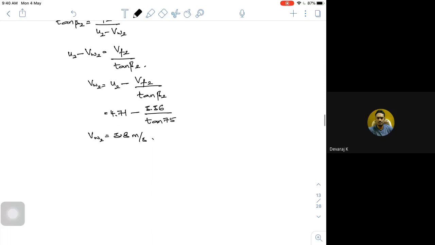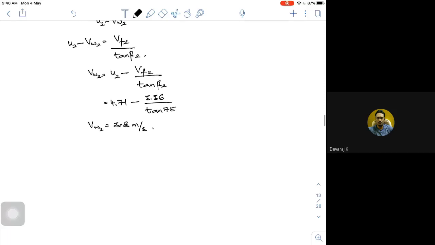Now, what is the specific work actually? Specific work formula. The specific work is W by M is equal to Vw2 into U2 minus Vw1 into U1. So in this problem, Vw1 is equal to 0 because the flow is entering radially. So my formula will be simply Vw2 into U2.